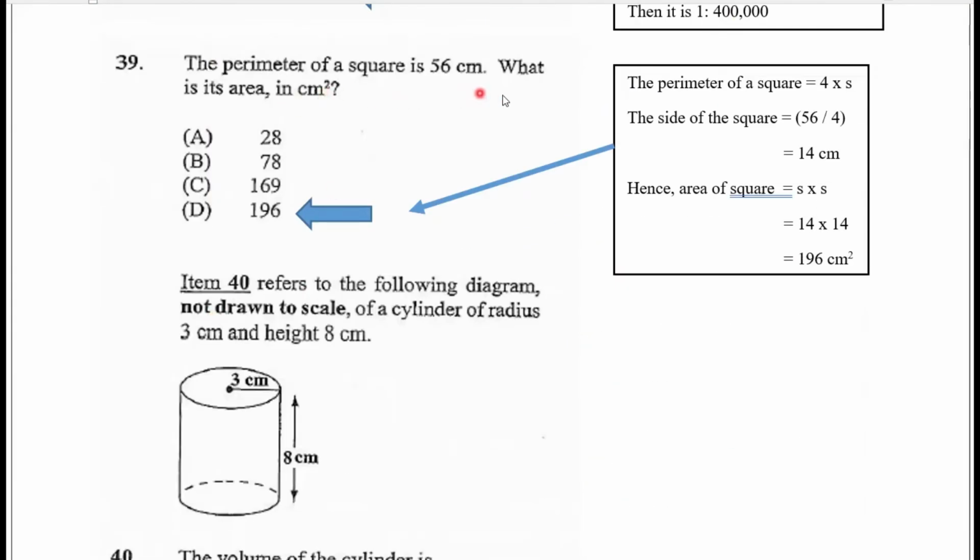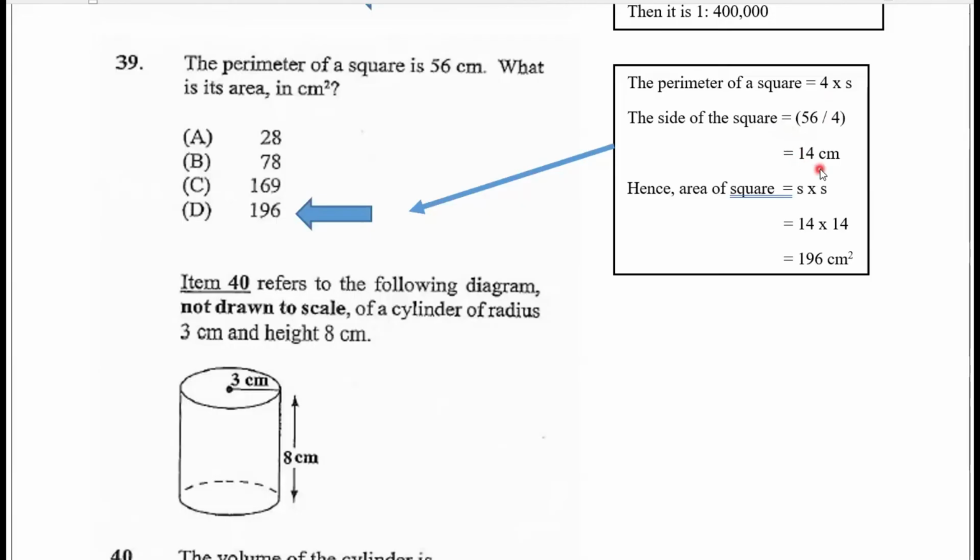39. Perimeter of a square is 56 cm. What's its area in cm squared? Well, perimeter of a square is 4 times the length of one side, because all are equal. So if the perimeter is 56, the length of one side would be 56 divided by 4, because all of them are equal.